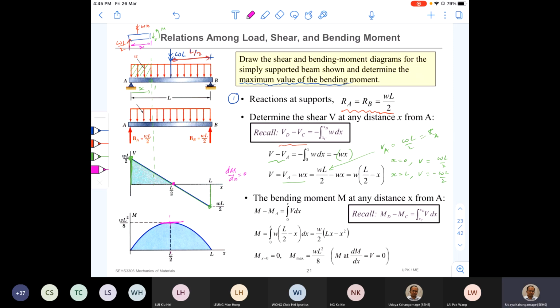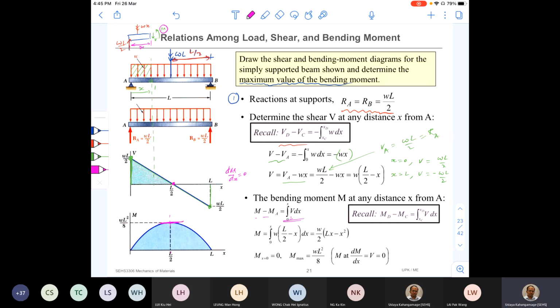Okay, right. So now, in fact, we can construct this shear force and bending moment diagram immediately by the relationship that we have learned before. The variation of the bending moment from point 1 to A, M minus MA, is equal to the area under the shear force diagram between those 2 points, right?